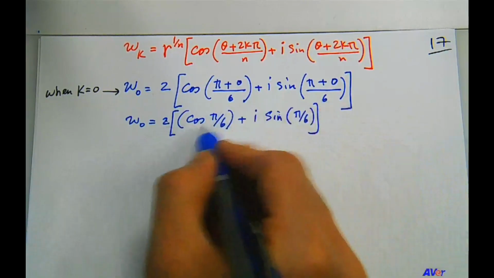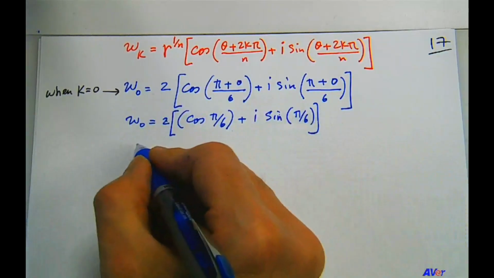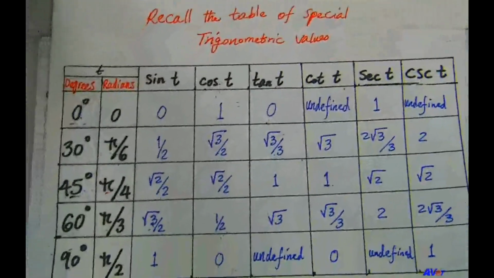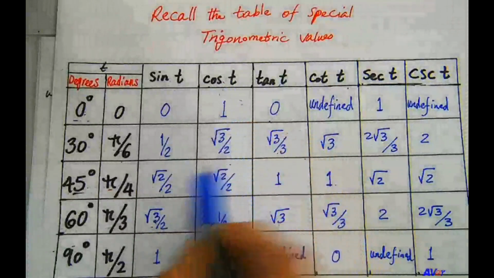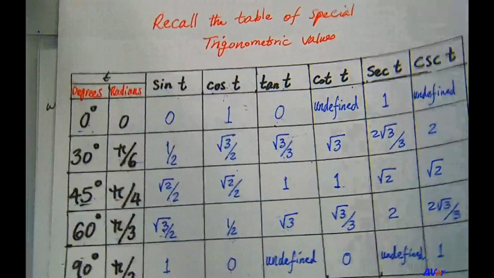This parenthesis should have been around pi over 6, but it doesn't matter. Cosine of pi over 6 looks familiar, right? Cosine of pi over 6 is equal to square root of 3 over 2.